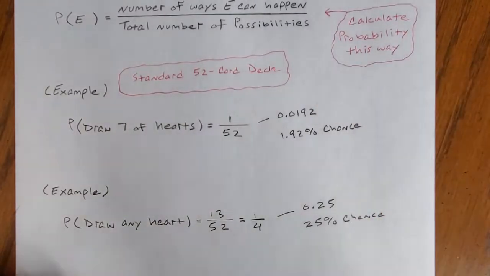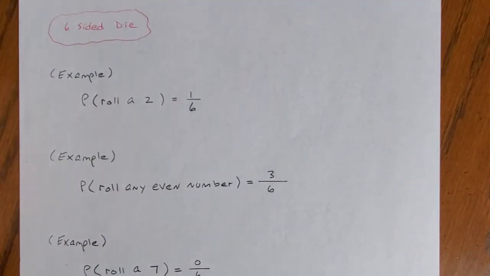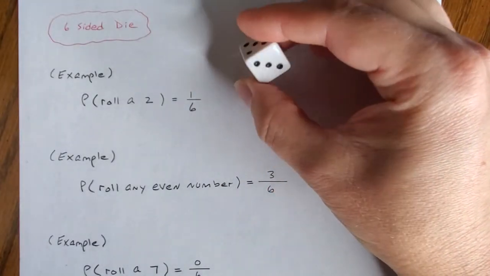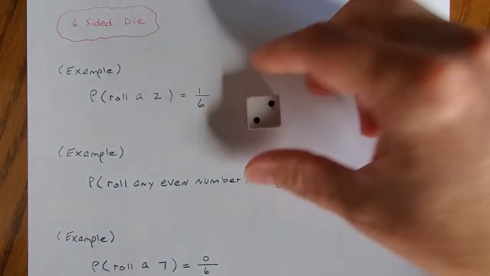Now, when you're practicing, you might see examples choosing random numbers, you might see a deck of cards, you might see rolling a 6-sided die like this. It's got the numbers 1 through 6 on it. You roll it and a number comes up. It's random.